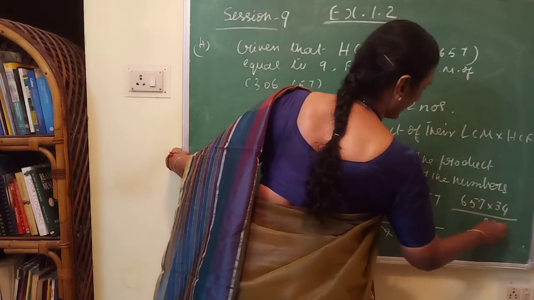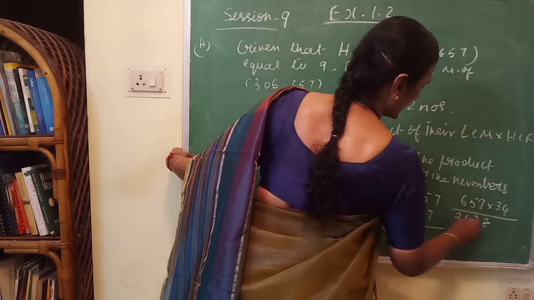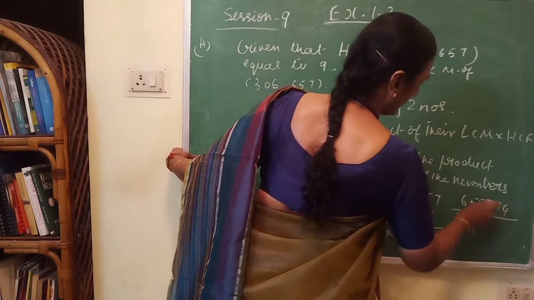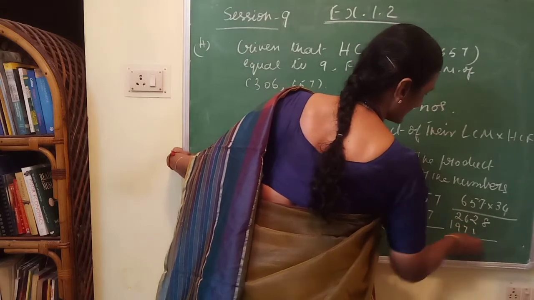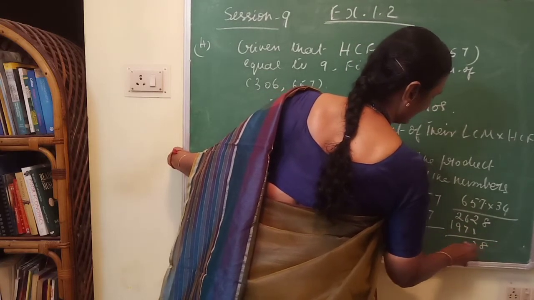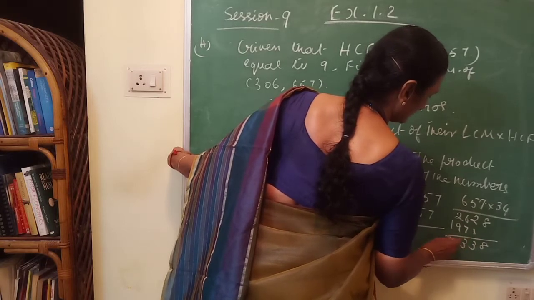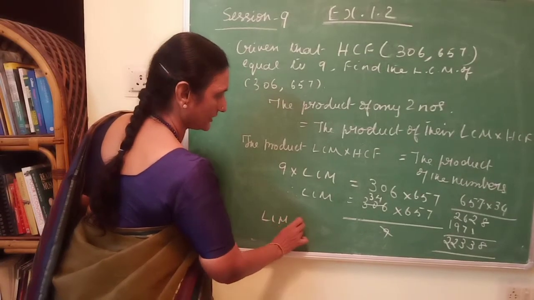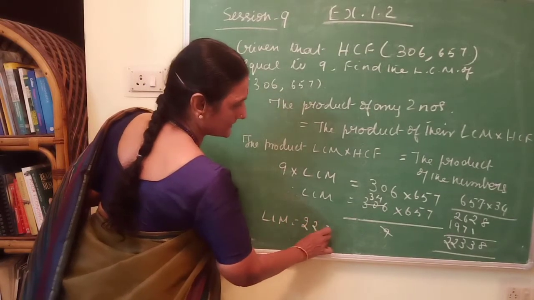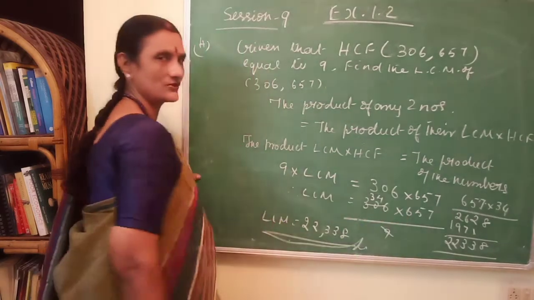Multiplying by 4, 28, 22, 26, 3 7s are 21, then here 7, so 19. So you will get LCM is equal to 22,338 is the answer. That's how you should do it.